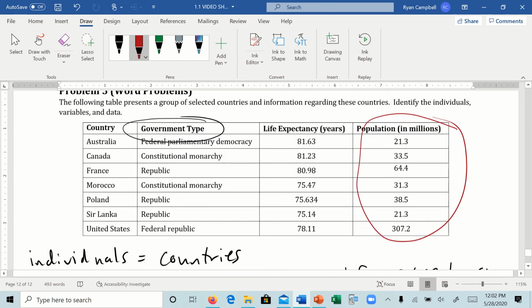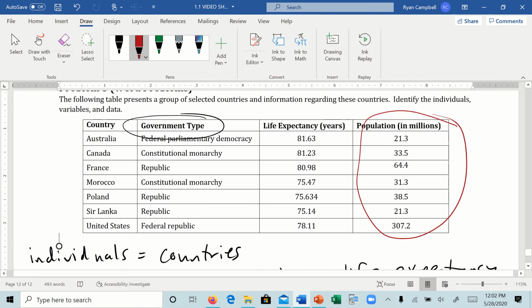All right, let's think about this. Life expectancy might be a little trickier. How do we figure out how old someone is? Well, you can kind of add their years, but the best way to actually determine life expectancy would be to measure it.